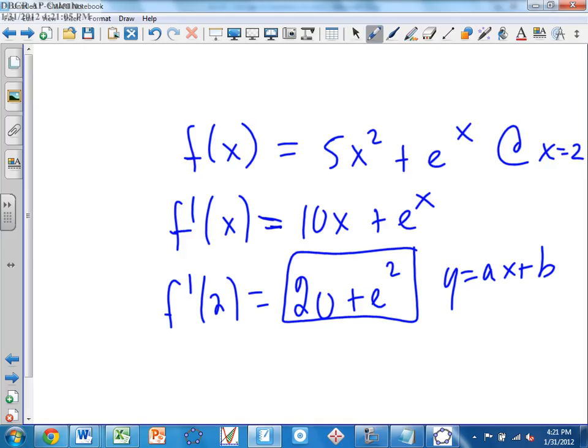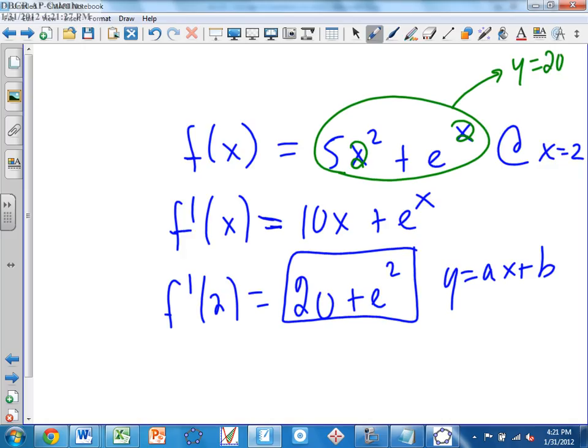So when you plug a 2 in right here and here, 2 squared is 4 times 5? 20. 20 plus e squared. Take a look for this one. It happens to be the exact same thing. A little bit of a coincidence there. Okay, just a simple coincidence, nothing more than that. So, the y value turns out to be, when you plug in a 2 here, 20 plus e squared.